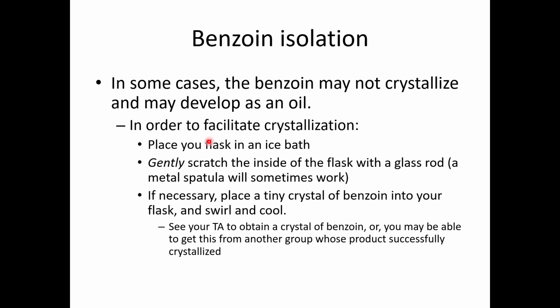This is only done in case you didn't crystallize anything during the week, which is actually very weird, but it can happen sometimes. The TA is going to provide the crystal of benzoin that we have.